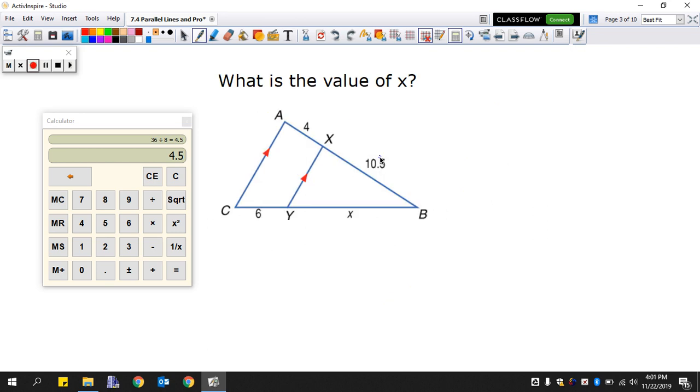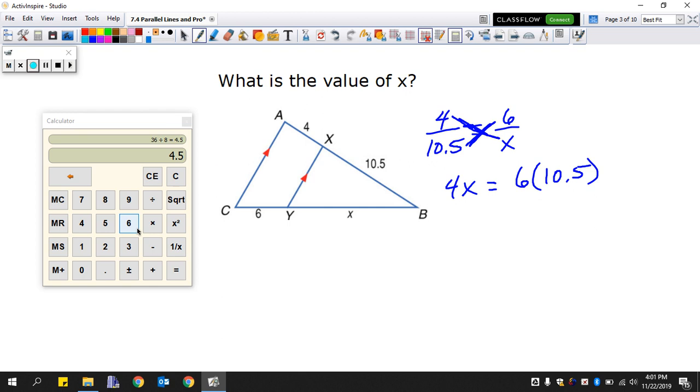The next example that I have, once again, we see that AC is parallel to XY, so we're going to go with a 4 to 10.5 ratio and a 6 to x ratio. All right, so we're going to cross multiply. 4 times x is 4x, which is equal to 6 times 10.5.